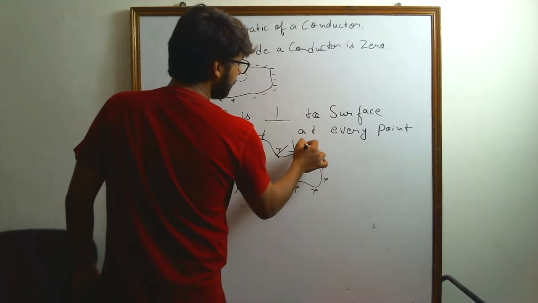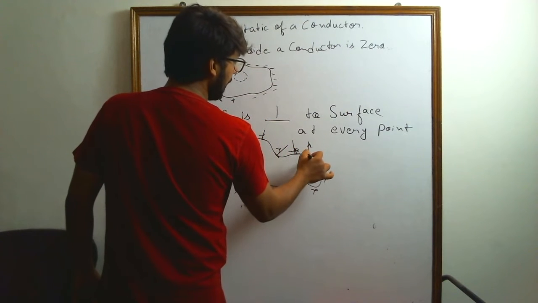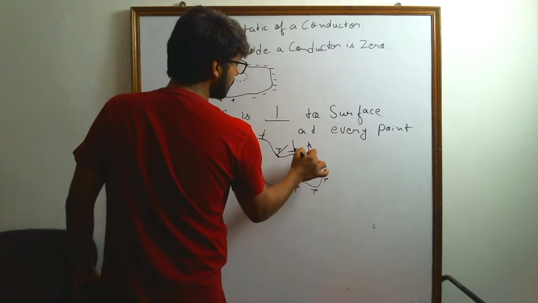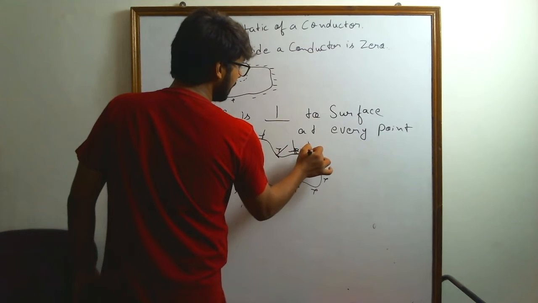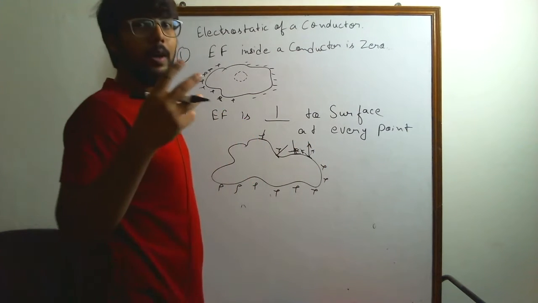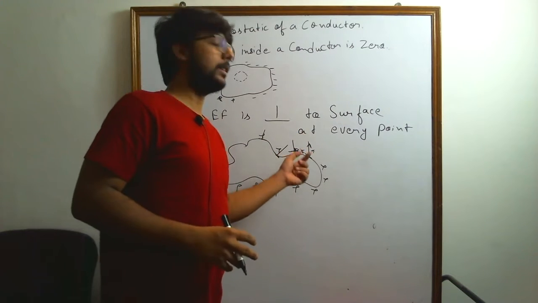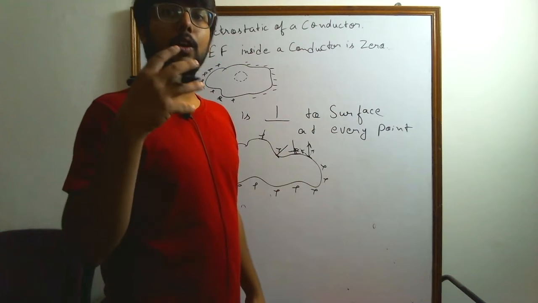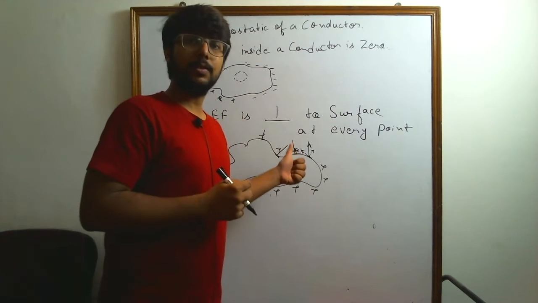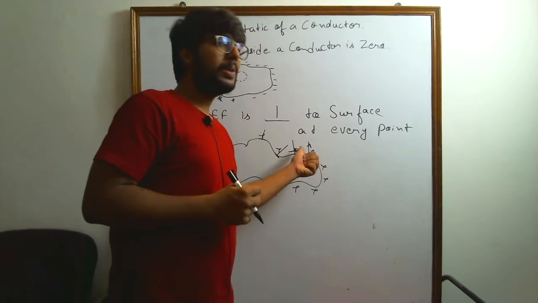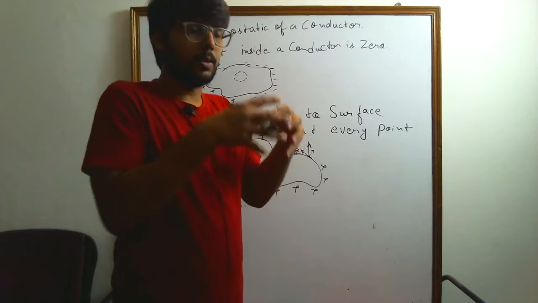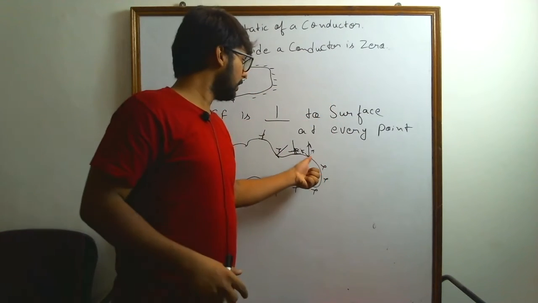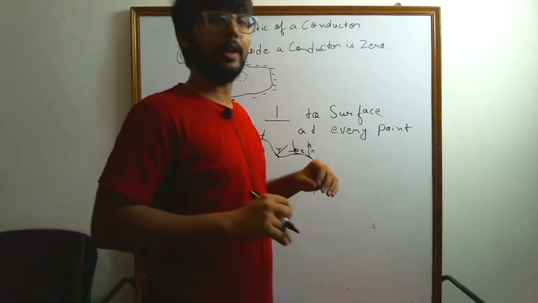Now if the electric field would have been this way, I can have a component like this as well as like this. That means I would be able to have a component of the electric field at the surface. When I have a component of the electric field at the surface, the charge will start moving because of it. So the charges surrounding that point will start moving.